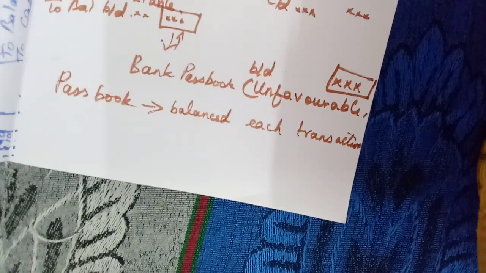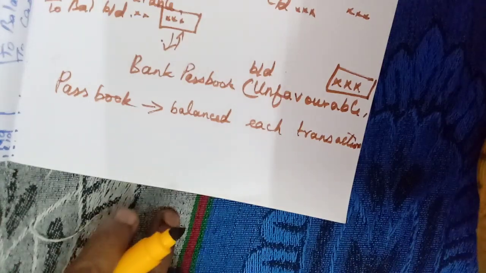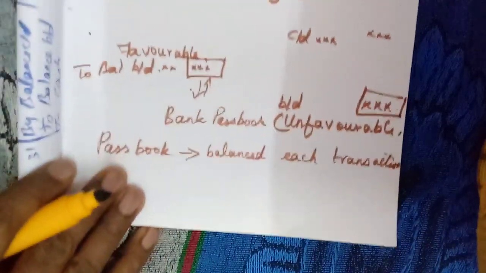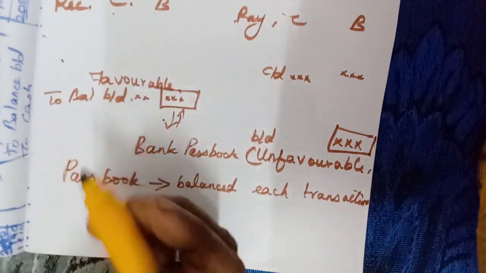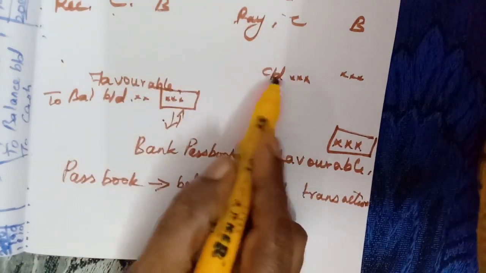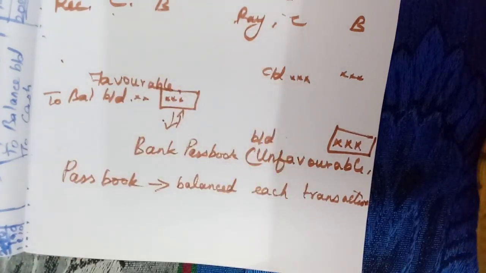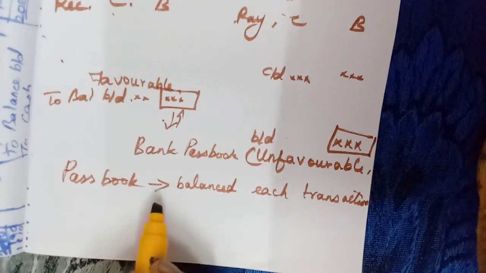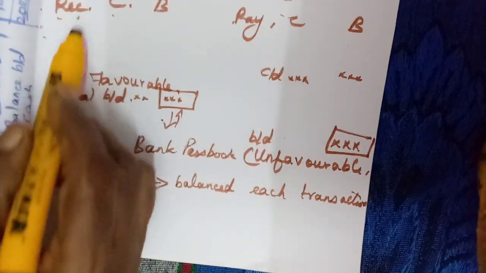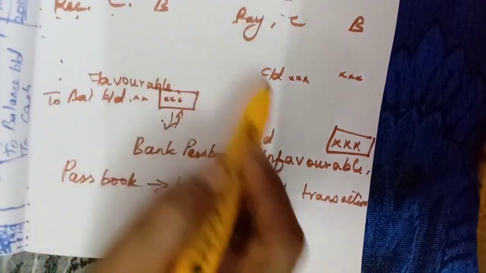There they will enter the balance amount. How much balance we have, we can find out. But here in the cash book only at the end of the month we will come to know the balance amount.